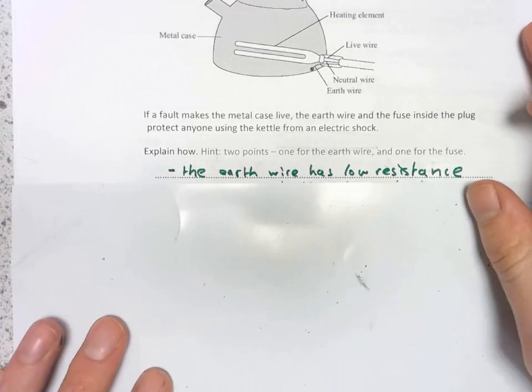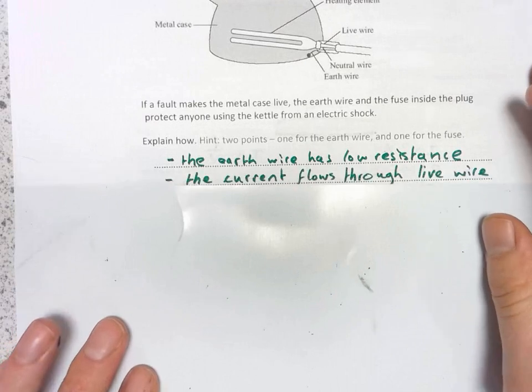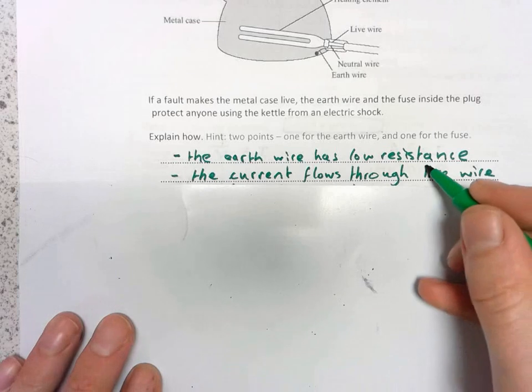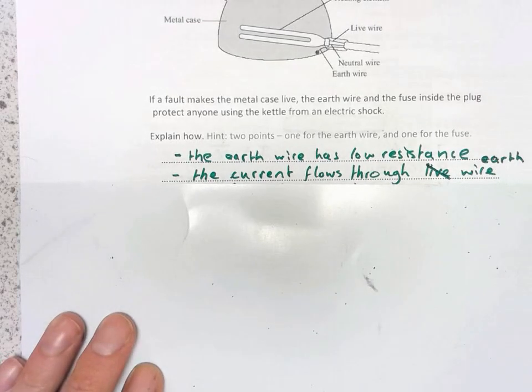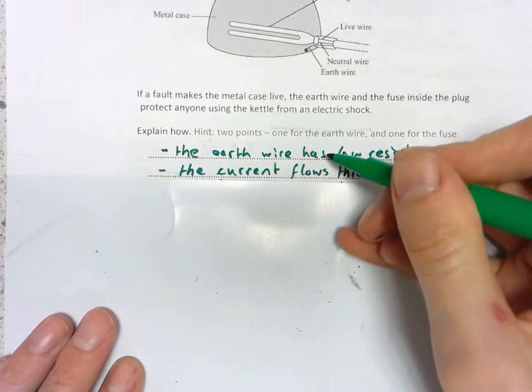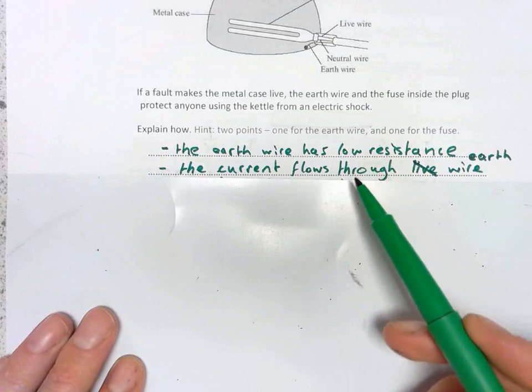And how do they do that? Well, the earth wire has a low resistance. This means that the current will flow through the earth wire. And it will be a high current. A high current will flow through the earth wire because it's a low resistance.